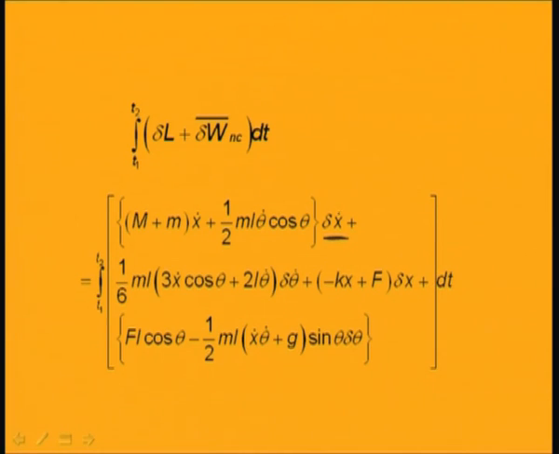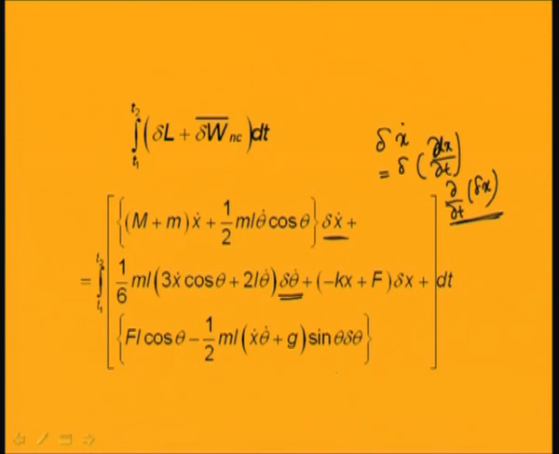So while integrating this delta x dot, you can change the operator: delta x dot you can write as delta dx by dt, or del x by del t. So you can exchange this and write it as del by del t of delta x. This way you can write this delta x term and delta theta term.